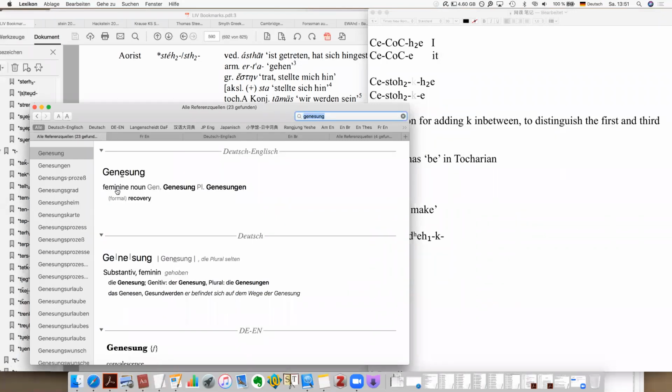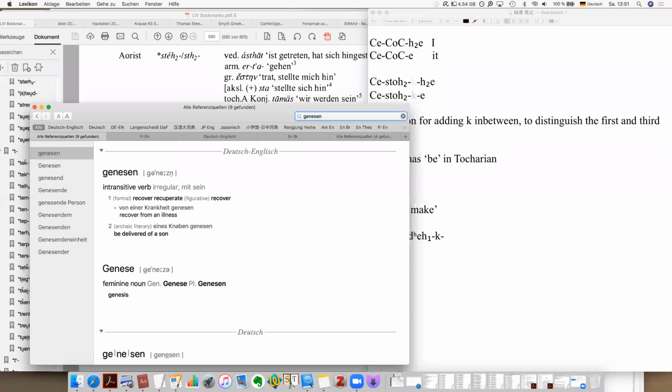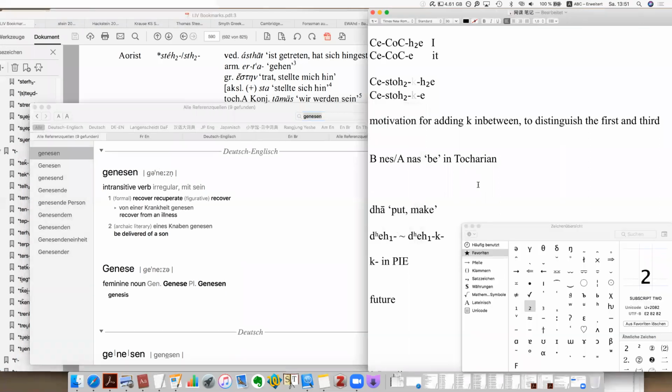Genesum is actually the noun, and the verb is called genesen. Genesen actually means to recover. So in New High German, we have the word genesen, which means to recover from a disease, right? Okay.